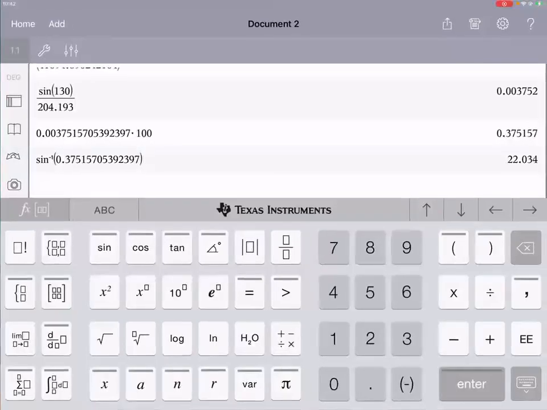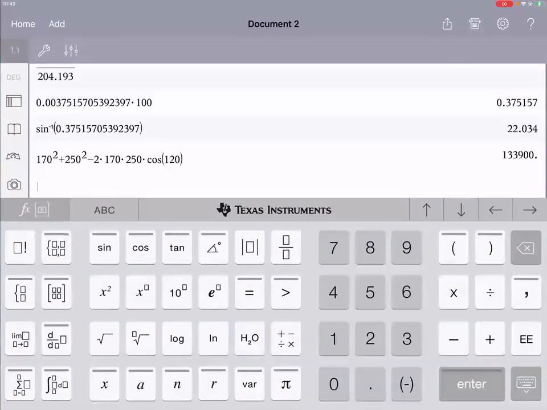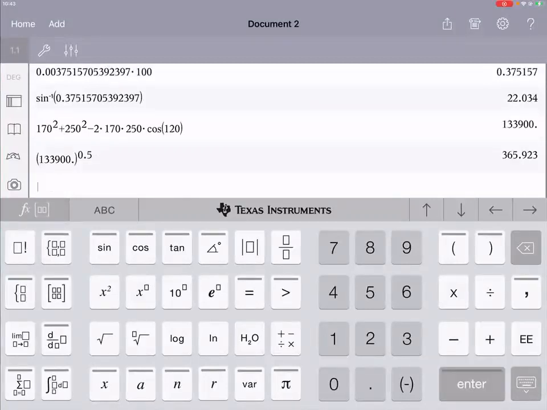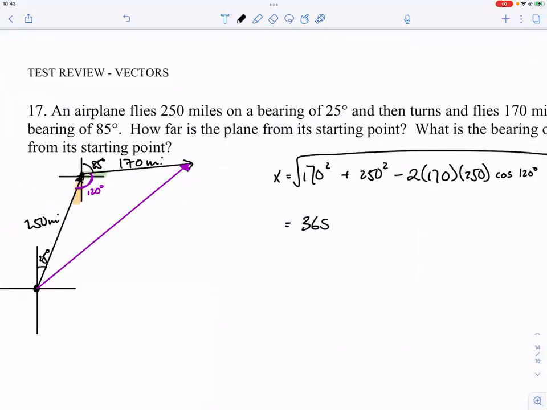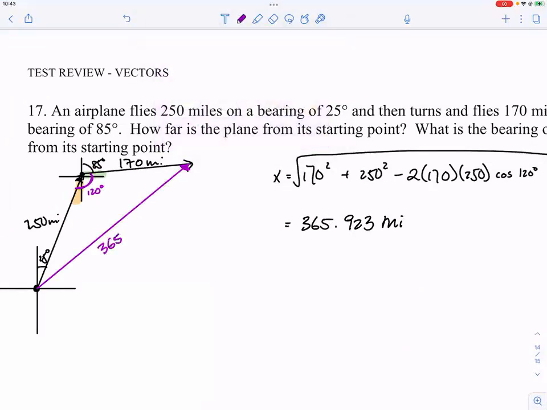Okay, so I got 365.923 miles. So the distance is 365.923 miles.